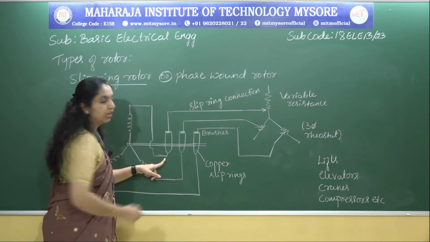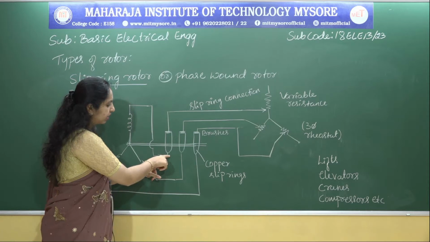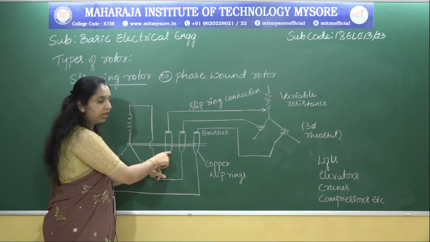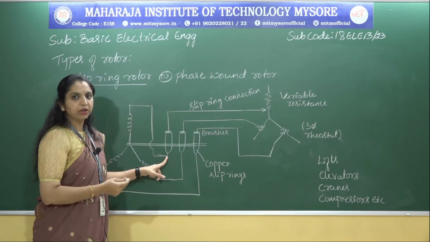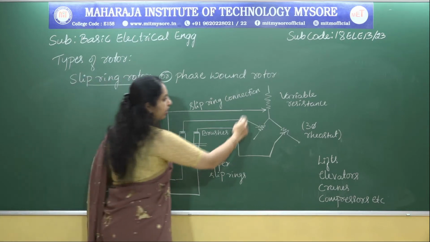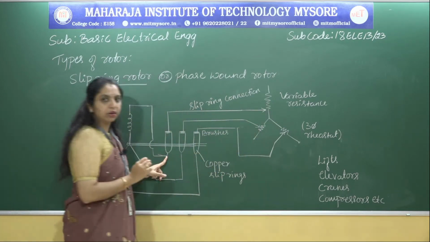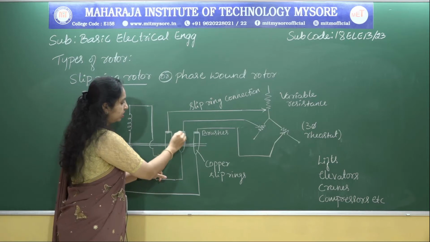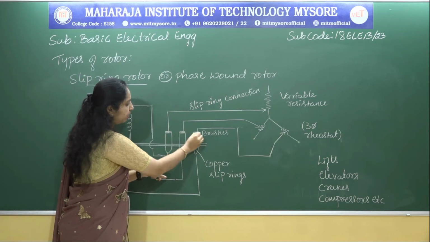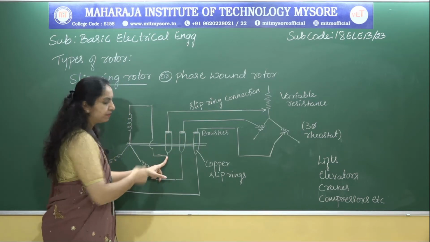The copper slip rings are again connected to a variable resistance, which we call a rheostat, through the carbon brushes. These are the three brushes you observe in this figure.